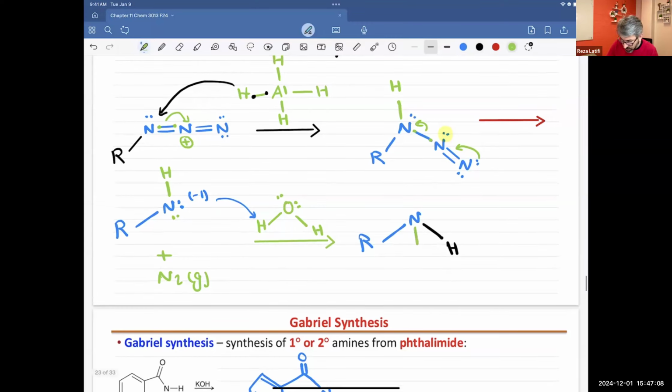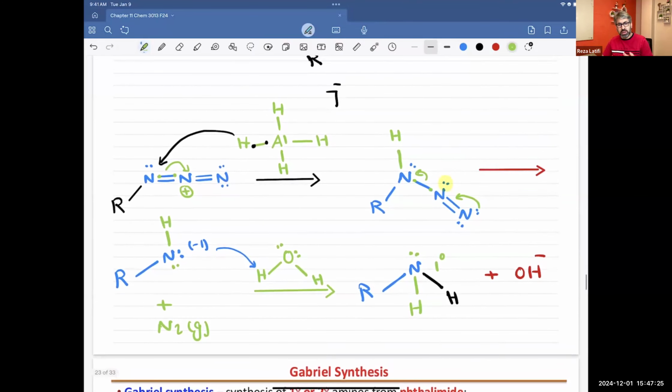We used to have 1 H, and now we are left with only 1 lone pair, plus we got OH minus. Now this amine is going to be a primary amine, and this is the way that you can use the azide method to produce a primary amine. And this is going to be the end of this lecture, and thank you very much.